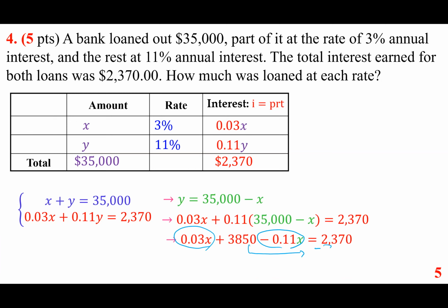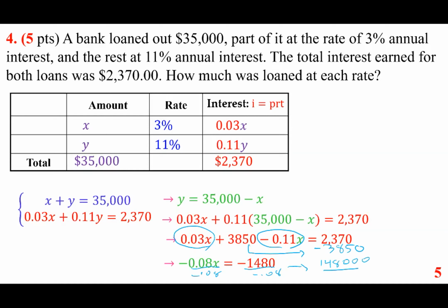We are going to subtract 3850 from both sides. We get negative 1480, and we are going to divide both sides by negative 0.08, which makes it positive 1480, and we're going to add 2 zeros divided by 8.